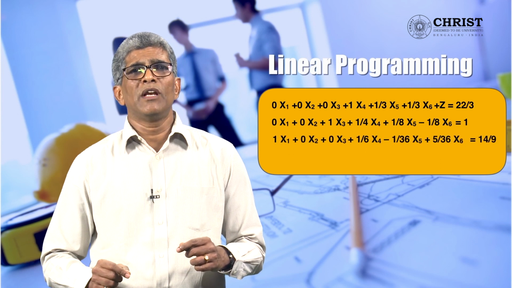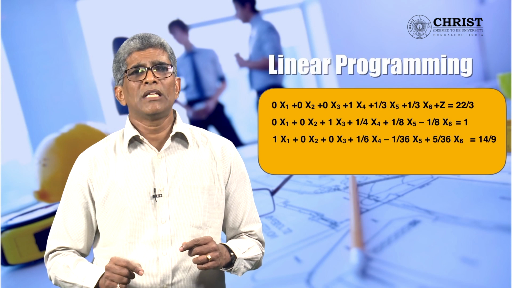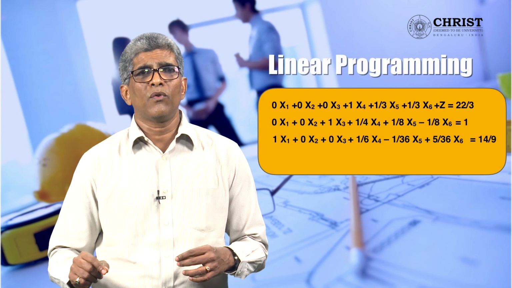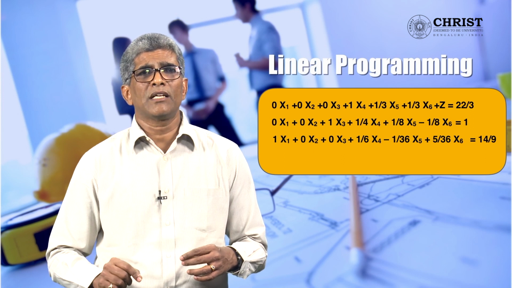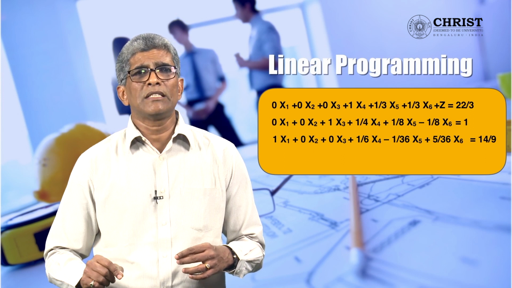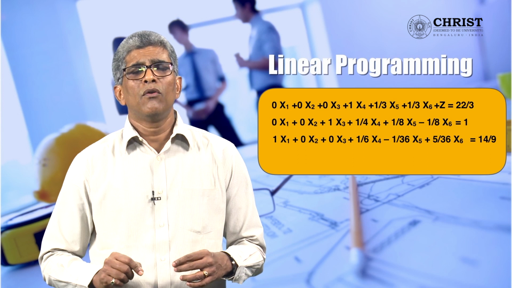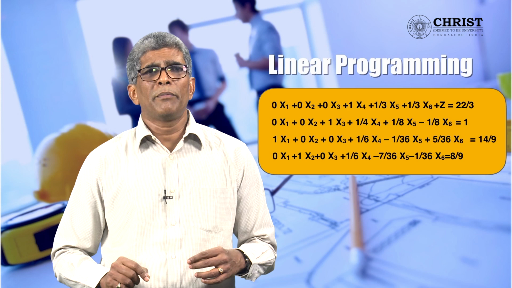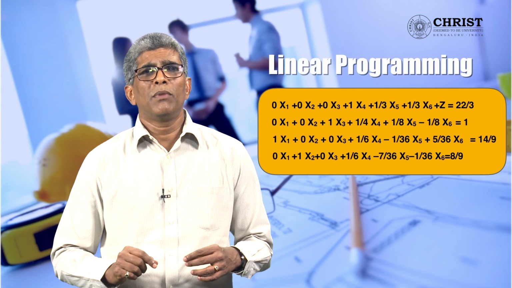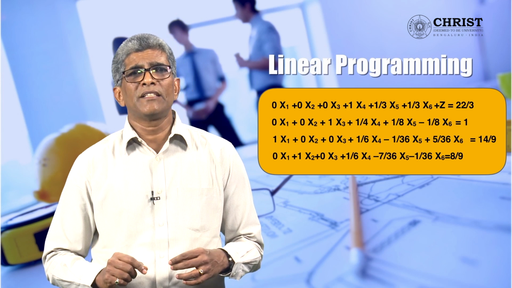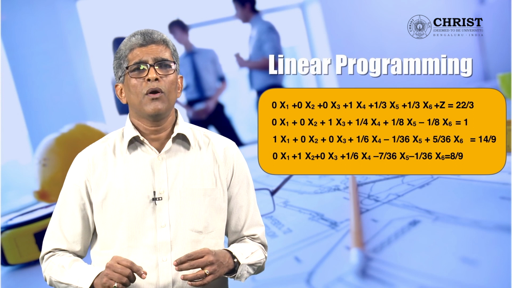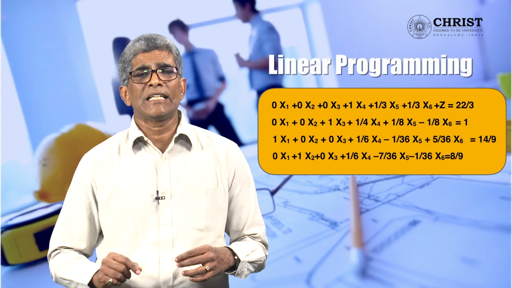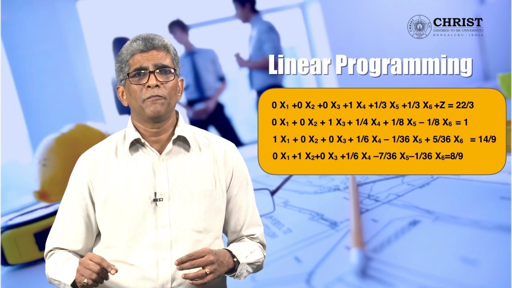The third equation will appear like 1x1 plus 0x2 plus 0x3 plus 1/6 x4 minus 1 by 36 x5 plus 5 by 36 x6 equal to 14 by 9. The last equation will appear like 0x1 plus 1x2 plus 0x3 plus 1 by 6 x4 minus 7 by 36 x5 minus 1 by 36 x6 equal to 8 by 9.